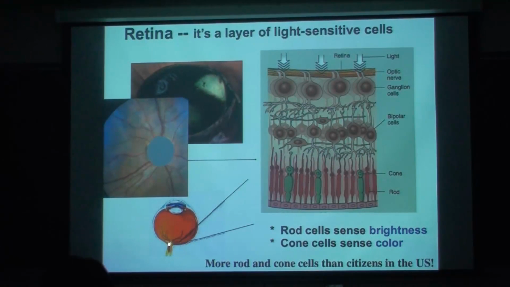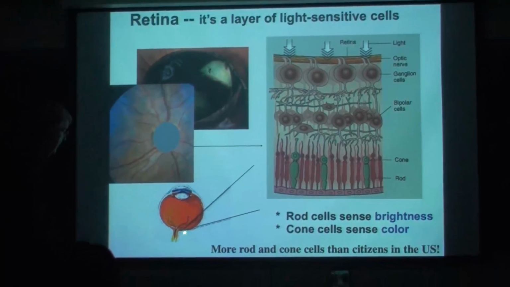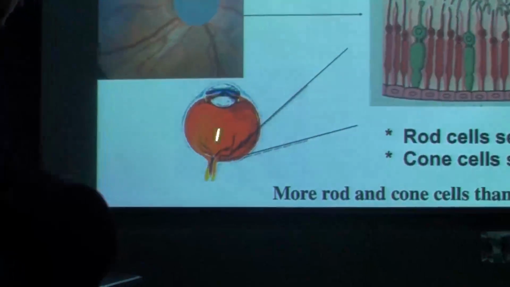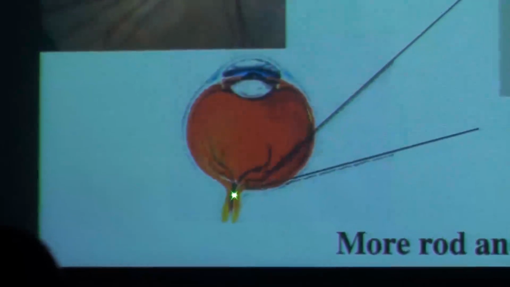Okay, so now the nerve cells have to leave the eye, and they do that all at one spot here. If this is the eye, there is a symmetry axis to the eye. Good, it goes here. It doesn't go there, that would be bad. It goes here, because here, literally, where they go out, we cannot see anything. That's called the blind spot.